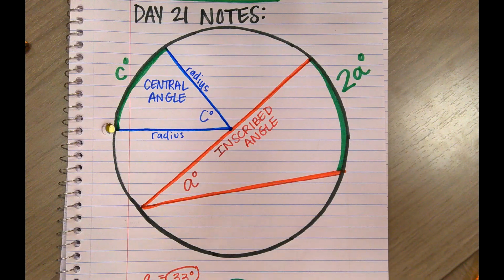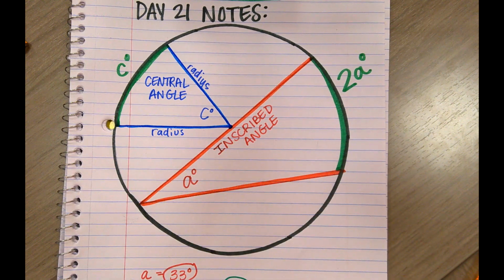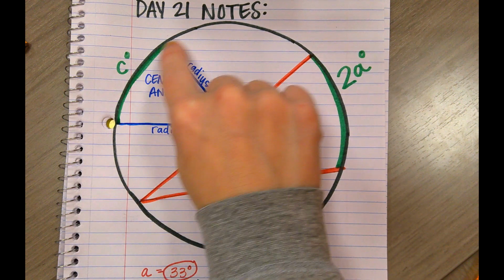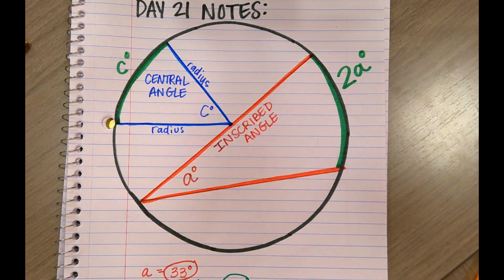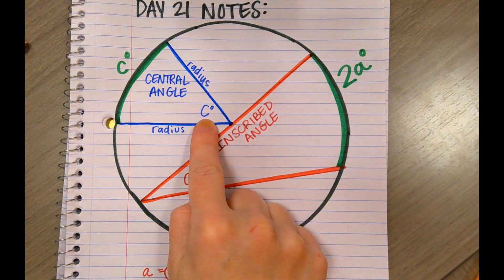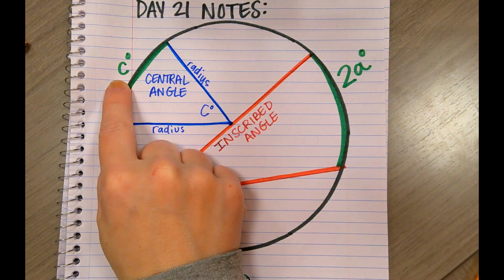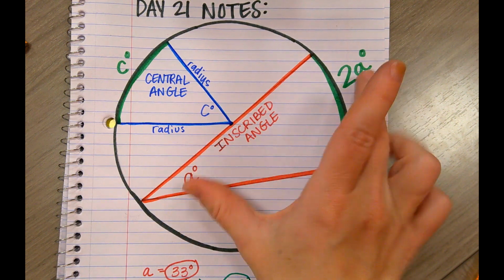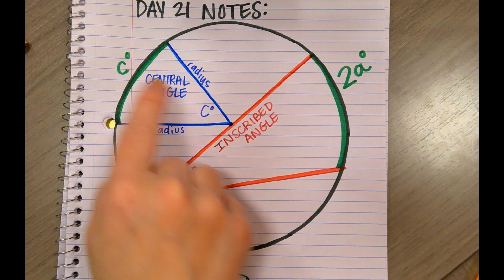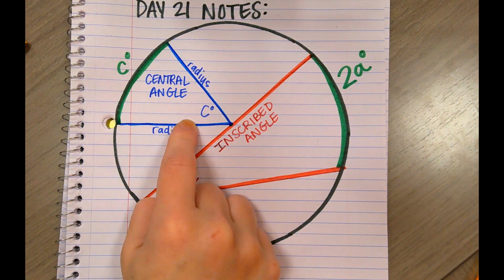So if I told you that the central angle C is 42 degrees, what would this length be? The green C. If this is 42 degrees, what's this? It's not an inscribed angle. These are going to be the same.